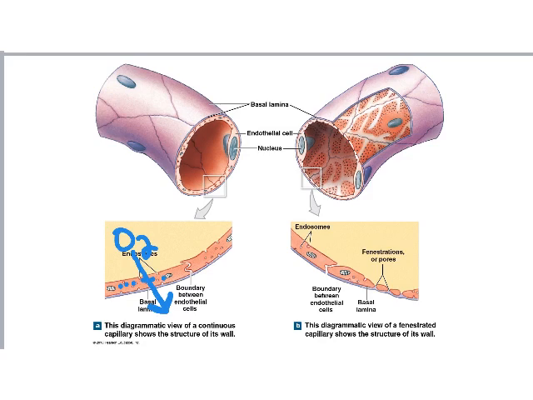However, let's say we have larger materials that need to pass through from the blood supply into the surrounding tissue, and it's too large to diffuse across that cell membrane barrier.